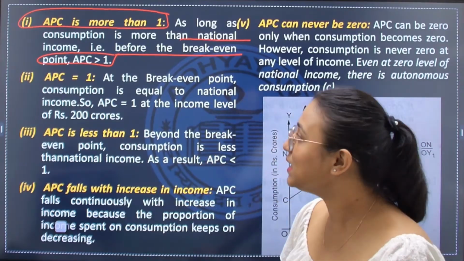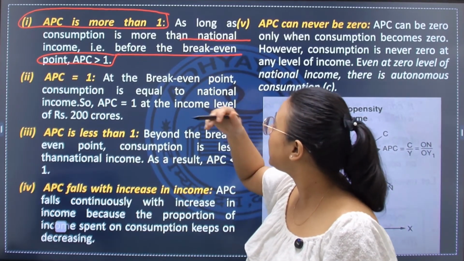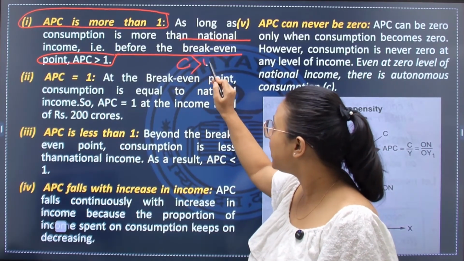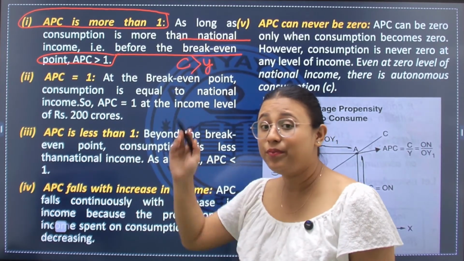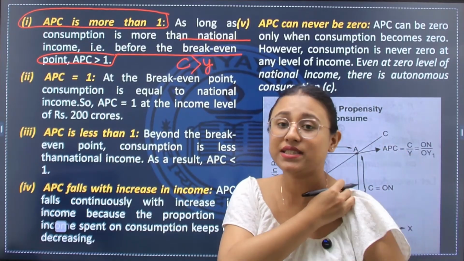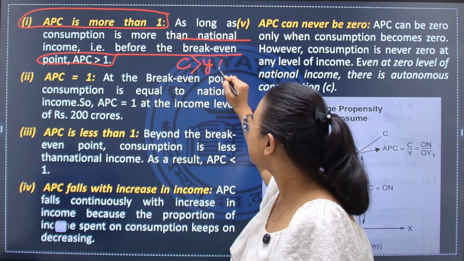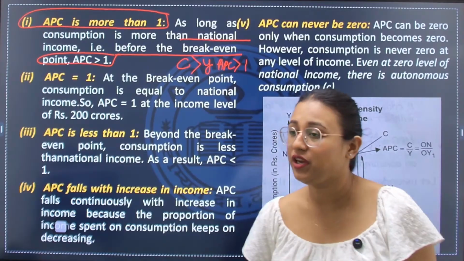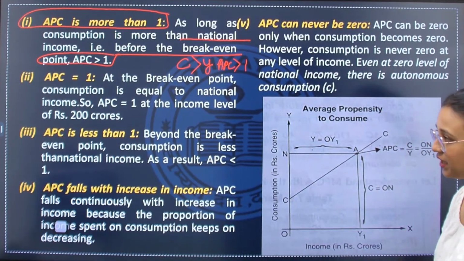Wherever consumption is more than national income, there is dissaving, and till then your APC will be greater than 1. That is, before the break even point, APC will be greater than 1.